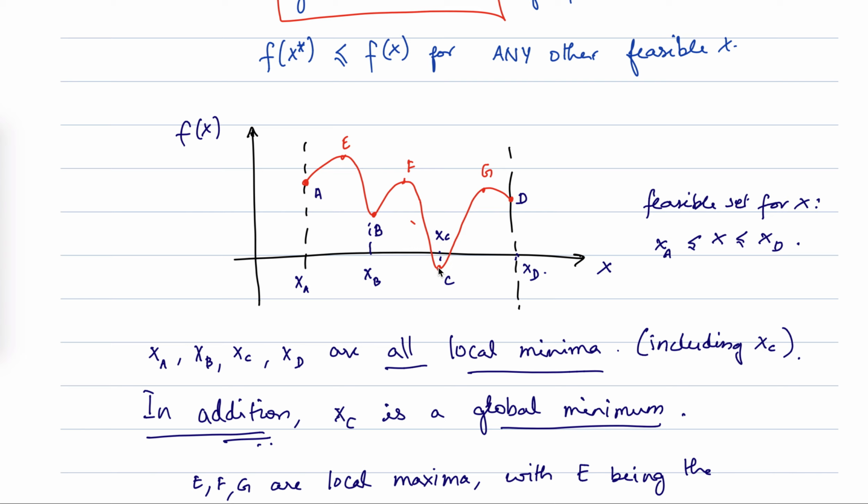And then in addition, the point C, which has the lowest value, is called a global minimum, right? Sometimes people might say C is not a local minimum, C is a global minimum. That is not official usage of the terminology. C would be considered in this case both a local minimum and a global minimum.